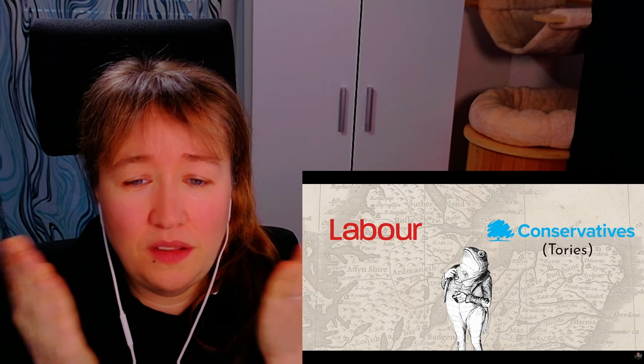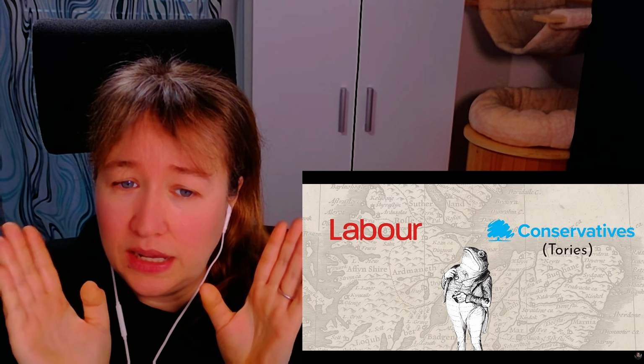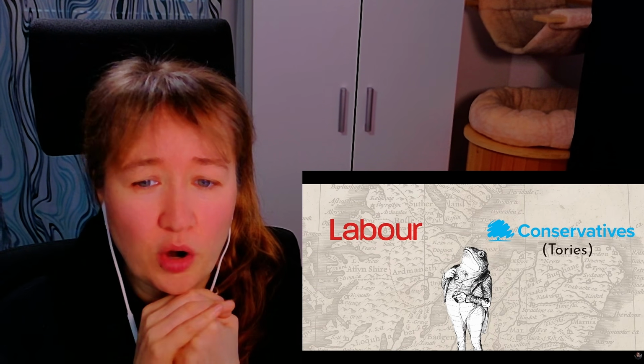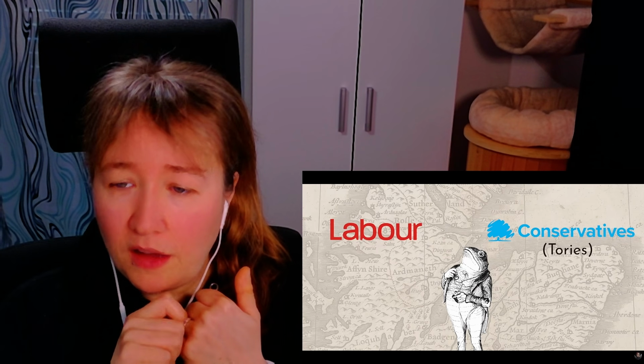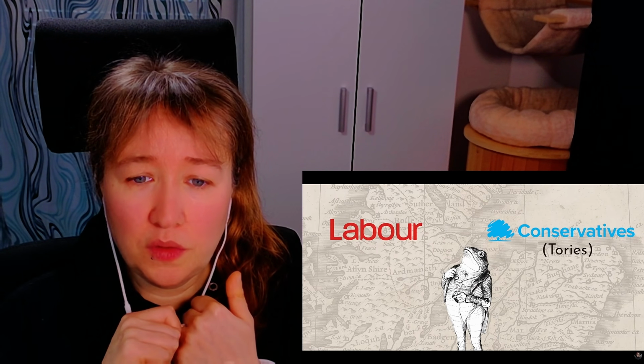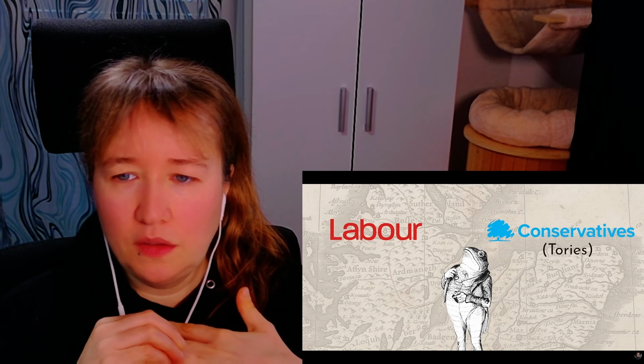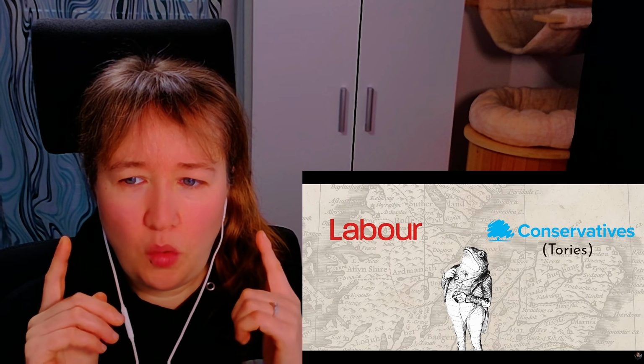And nowadays there's also a third, unfortunately, big party, which is the AfD. So it's not SPD and CDU anymore, but the far right wing has 25% of the votes of the people nowadays, unfortunately. So Conservatives are also called Tories.